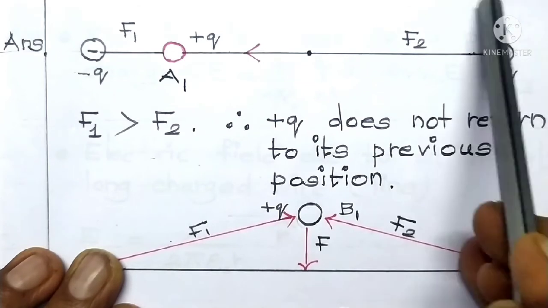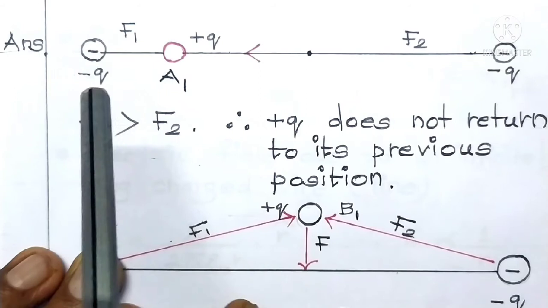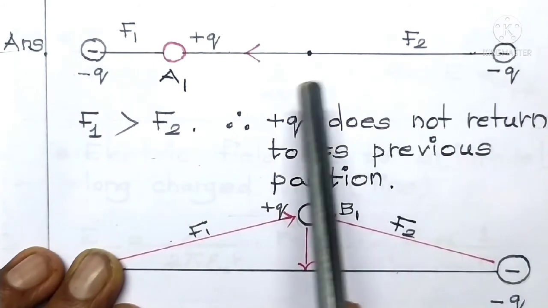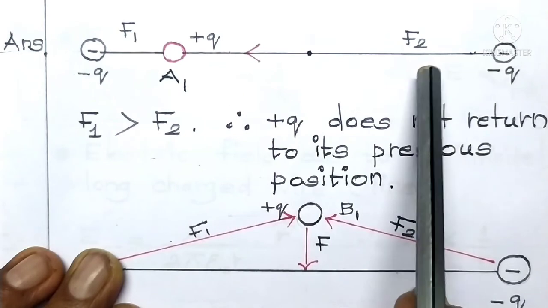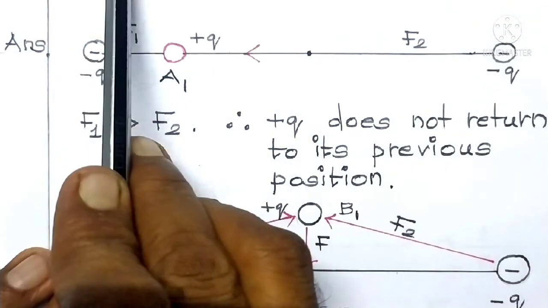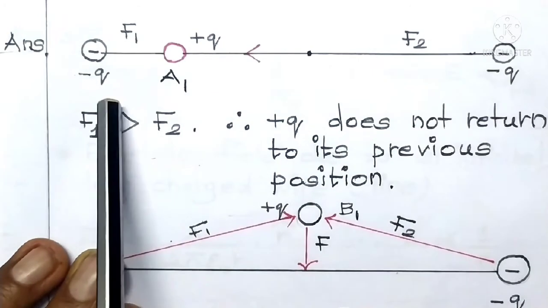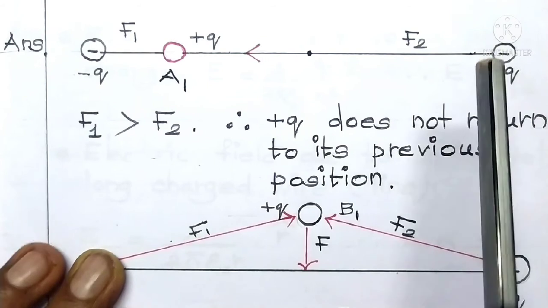Here the force will be more, and here the force will be less. So in this case also, this plus q will not return back to its original position. So in the horizontal direction, in the direction of A1 and A2, the plus q does not remain stable.